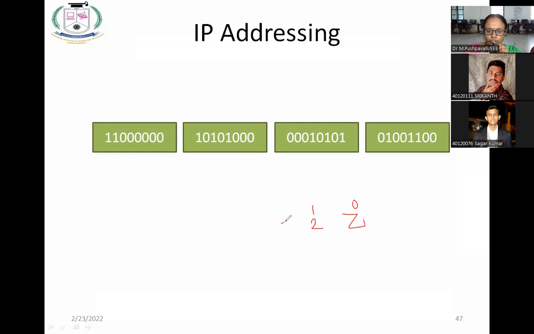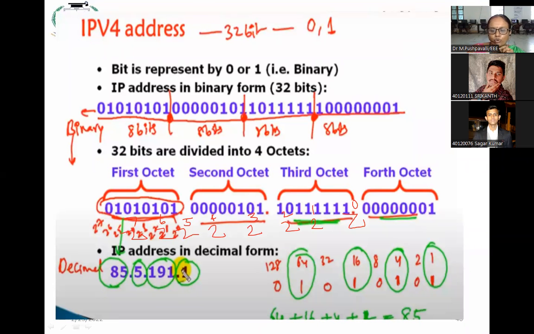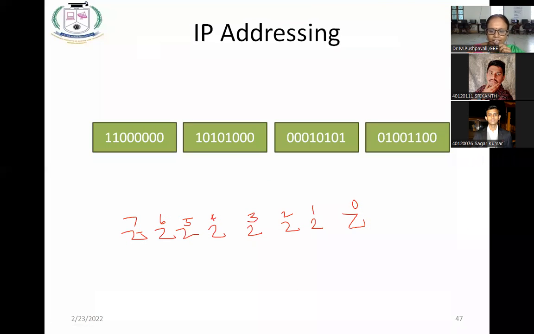So I will give you 2 power 1, 2 power 2, 2 power 3, 2 power 4, 2 power 5, 2 power 6, 2 power 7, so that we may write down the values: 1, 2, 4, 8, 16, 32, 64, and 128.